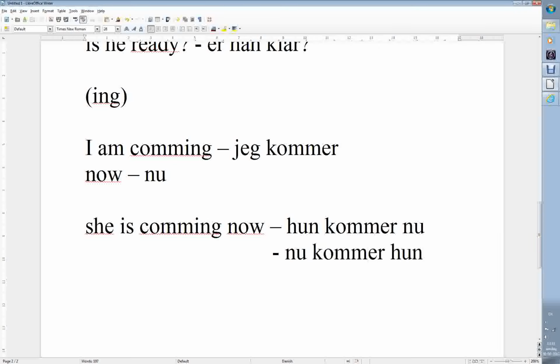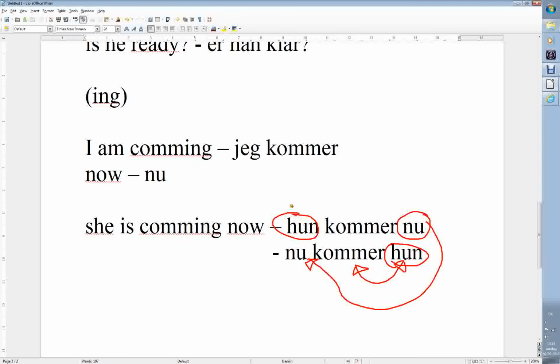So if we have the now in here and we move this nu to the beginning, then we have to swap these two. I don't know, I'm confusing you, but you can see the she and the she there.